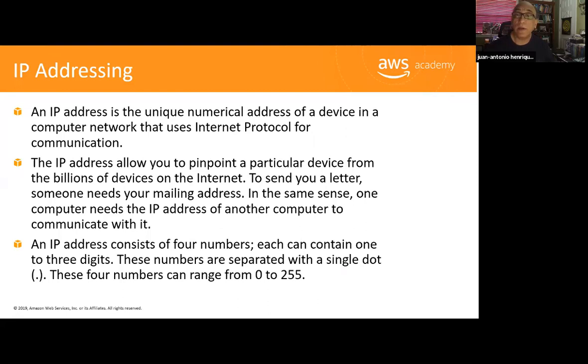To send you a letter, someone needs your mailing address. In the same sense, one computer needs the IP address of another computer to communicate with it, or another device. An IP address consists of 4 numbers, and each of those numbers can contain 3 digits. The numbers are separated with a single dot, and these 4 numbers can range from 0 to 255.